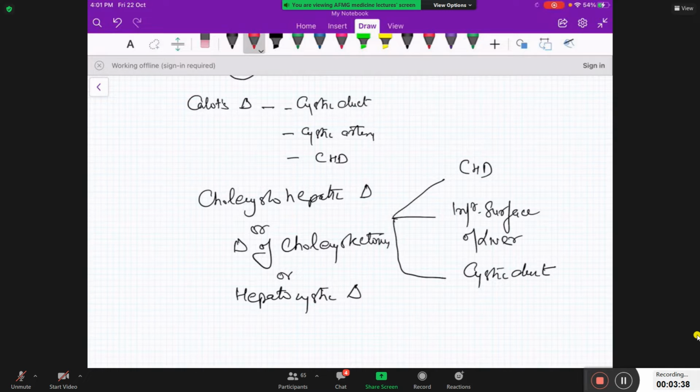Now, in a normal scenario, right hepatic artery gives cystic artery behind common hepatic duct as shown.